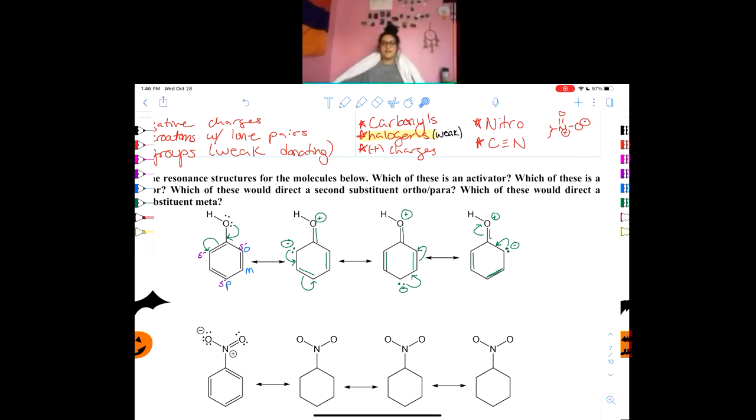But now I'll ask you guys, which one of those two do you think is more likely, ortho or para? Someone asks, do I mean like the nucleophile attacks those positions? The opposite. I know it might seem backwards, but remember the nucleophile is the benzene ring.